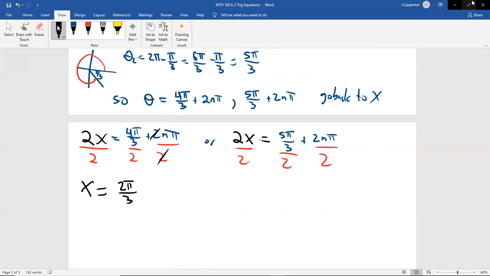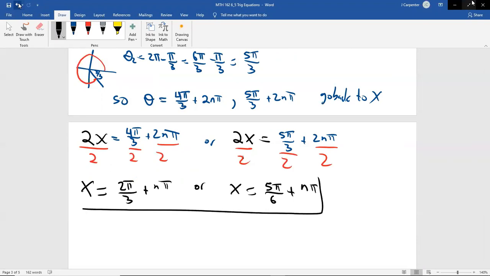But these 2's will just directly cancel to get you a plus n pi. And then x equals, those 2's canceled, this 5 pi over 3 divided by 2 turns out to be 5 pi over 6. And then these 2's will cancel with the 2 n pi. These are our solutions. So infinitely many solutions, but it doesn't have a period of 2 pi. This says that it has a period of pi.